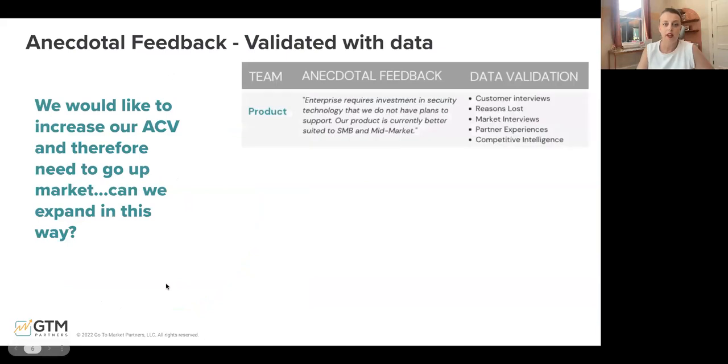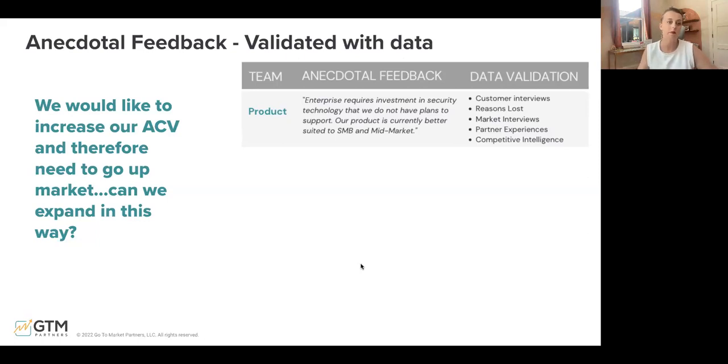All right. So when I think about this anecdotal feedback, I asked you that question. I did not get any answers just yet, but that is okay. When I think about product, typically when you ask your product team why they built it, who the ICP is, they're going to talk about who they built it for. A lot of times this can end up coming to pass in terms of that switch from a SMB mid-market buyer to an enterprise buyer.